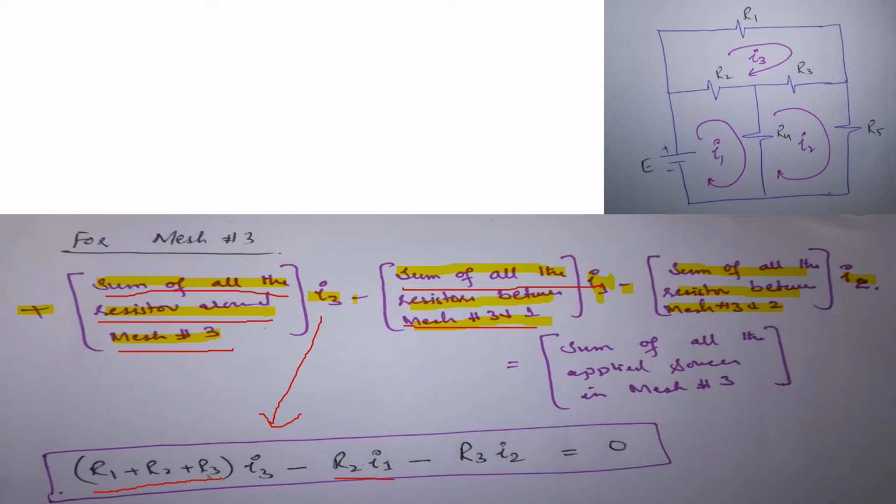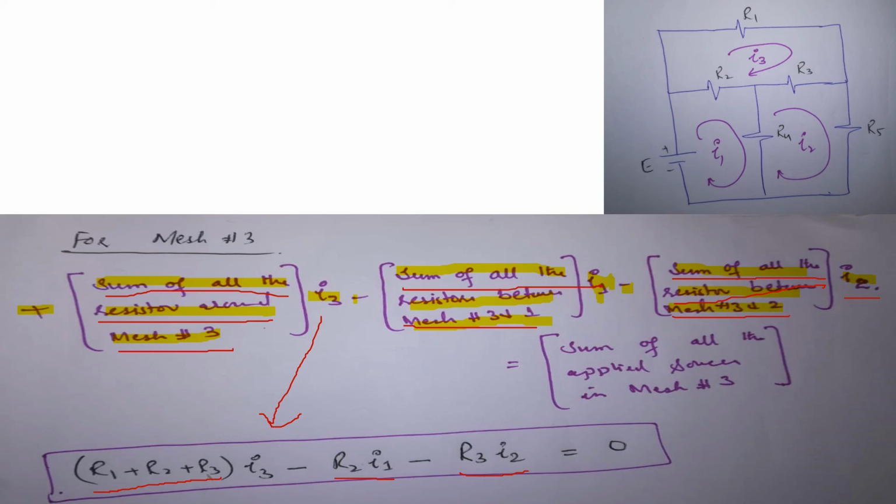Now for the third term, the sum of all the resistors between mesh 3 and mesh 2 multiplied by I2. From the circuit, you can see that R3 is common between mesh 3 and mesh 2, so we write minus R3 into I2.